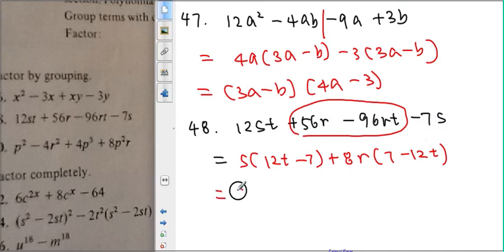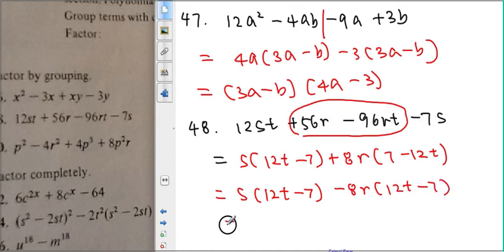This can be equal to s times 12t minus 7, and negative 8r times 12t minus 7. Since 12t minus 7 is a common factor, then we end up having s minus 8r. Alright, let's move on.